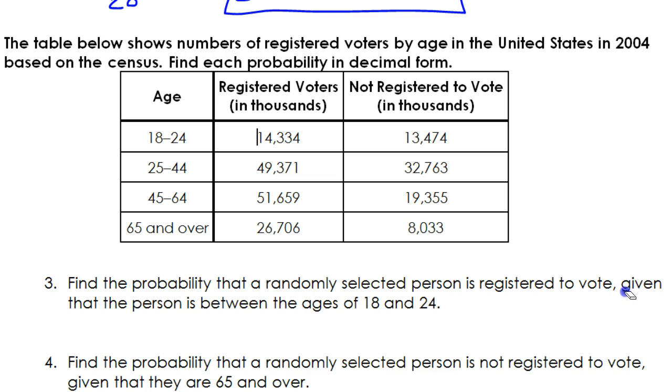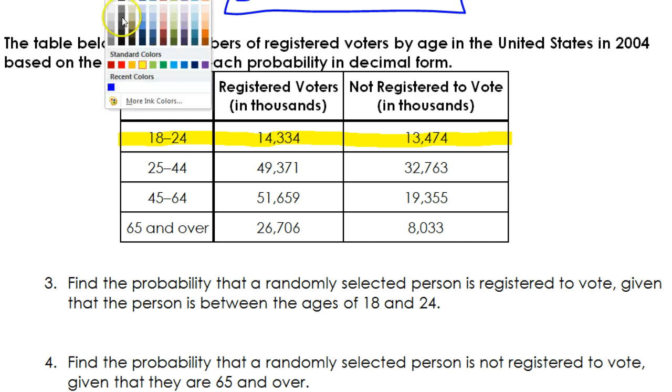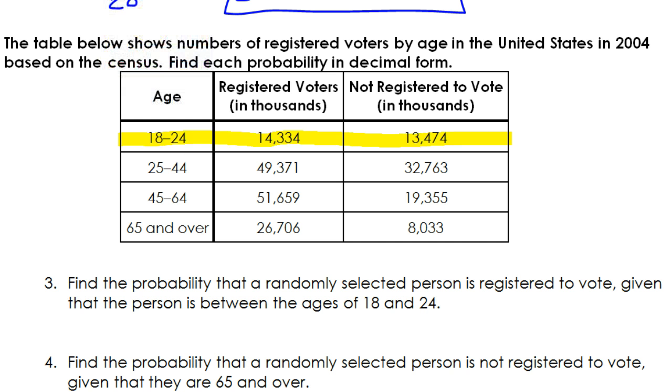Now here comes the conditional part. Given that the person is between the ages of 18 and 24. Well, that's quite a gift. If they give us that the age is between 18 and 24, that means we can forget about the rest of the chart. We can just look at this part of the chart. The rest of the chart, we will throw it out.